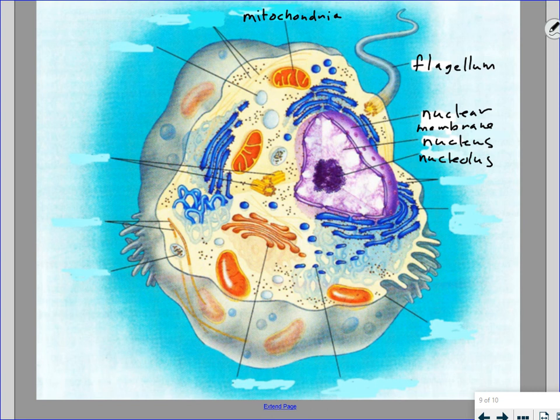Now, the nucleolus produces ribosomes and, more importantly, makes copies of your genetic material. If the nucleus is a library, the nucleolus is the librarian, if we're looking for analogies here.